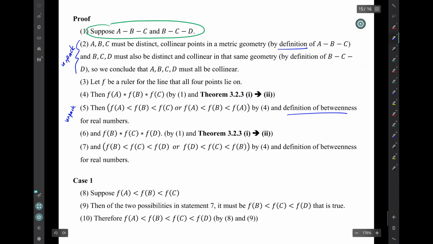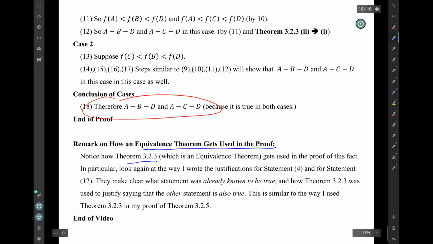But later in the proof, we use theorem 3.2.3 again, but in the other direction, the double arrow to single arrow direction. That's because, look, on statement 11, we know something about the betweenness relationship of the real number coordinates. So we use that fact and this theorem to tell us that, therefore, the points have a certain betweenness relationship.